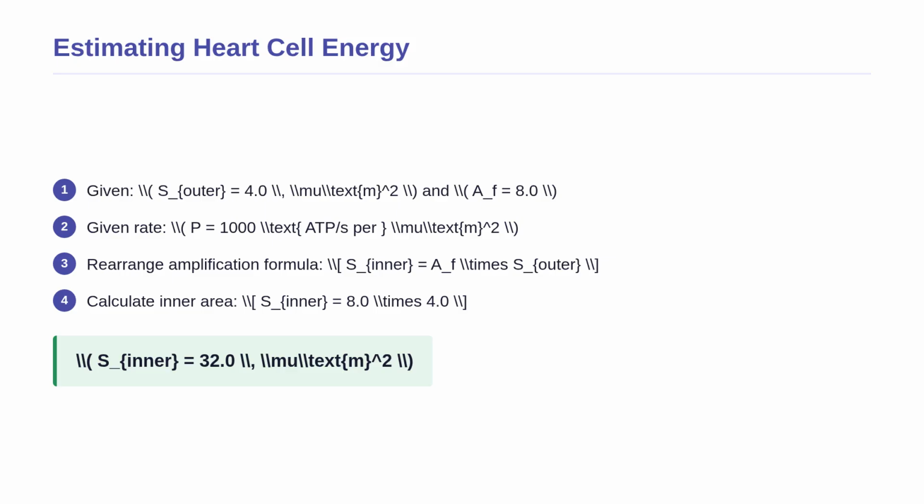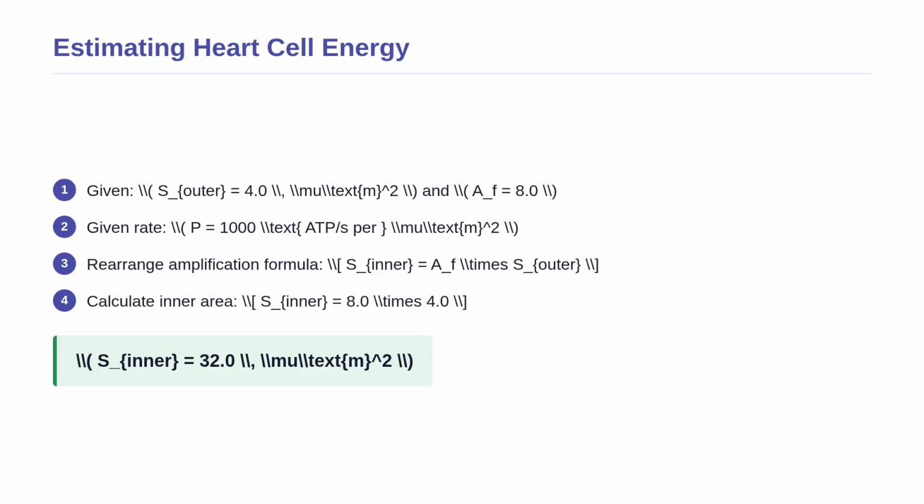Let us apply this new formula to a heart muscle cell, which requires massive amounts of continuous energy to keep your heart beating. We are given an outer membrane area of 4.0 square micrometers, an amplification factor of 8.0, and a production rate of 1,000 units of ATP per second.